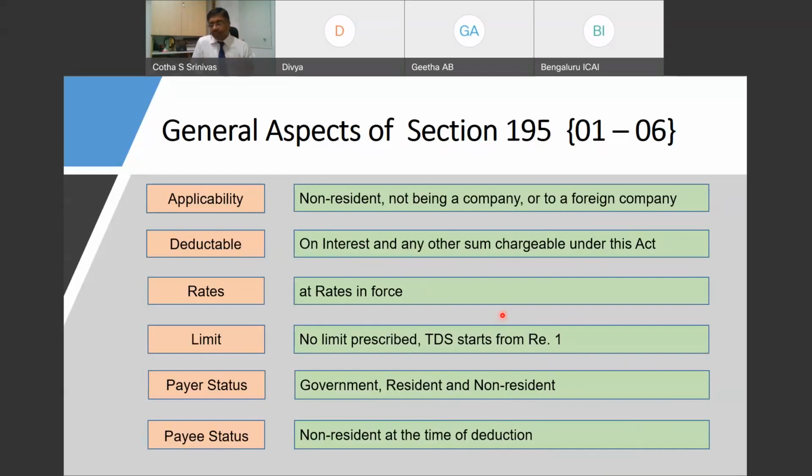On the date of deduction, whatever his status is, based on that we have to deduct the TDS. There may be a situation where on the date of deduction the person is a non-resident, but subsequently becomes a resident. It may be vice versa also: on the date of deduction he may be resident, but at the end of the year he may be non-resident. So at the time of deduction we have to ascertain his status and discharge our TDS liability as such.